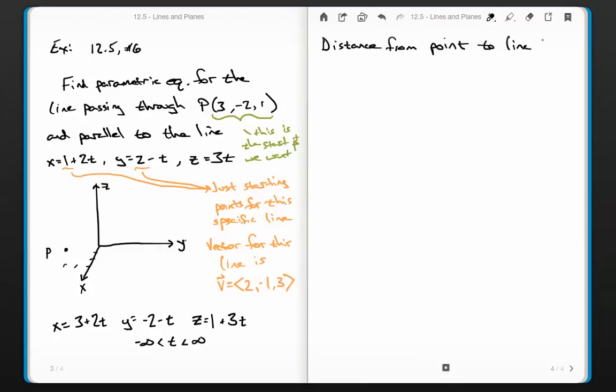I think the book does a really good job of this. Say we've got some point P here, and we've got some vector going like this, or some line that's a scaled vector, so let's call it just V.